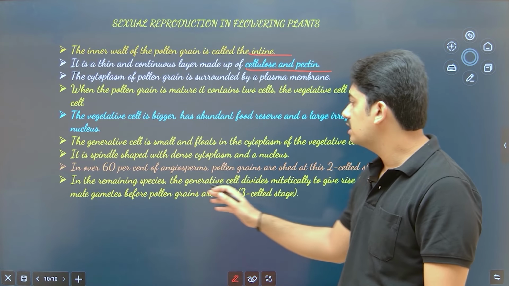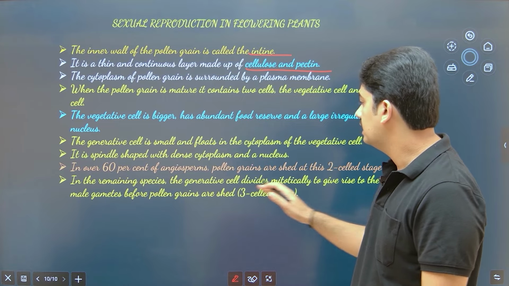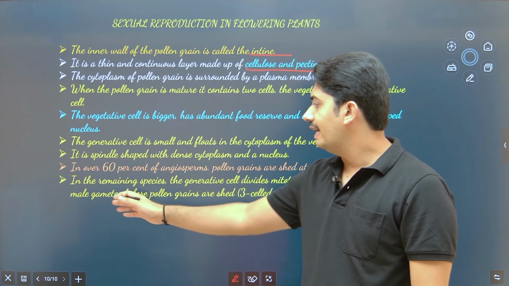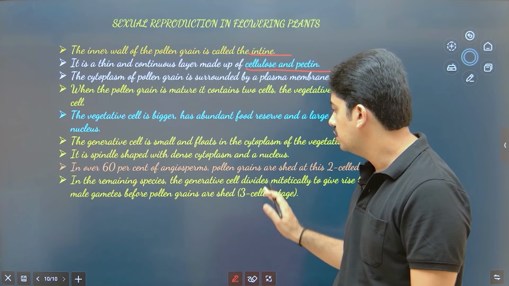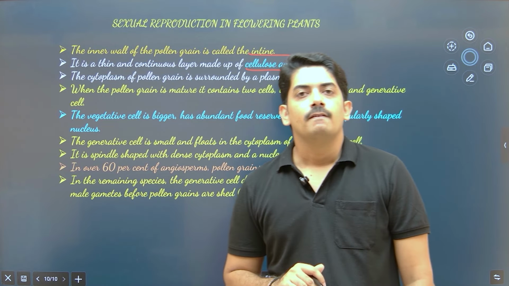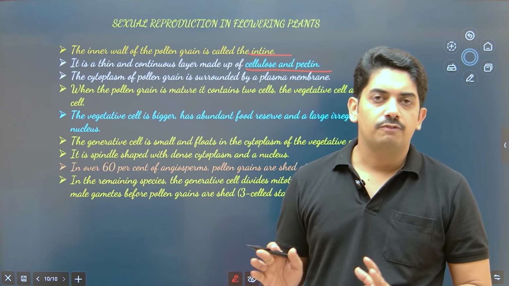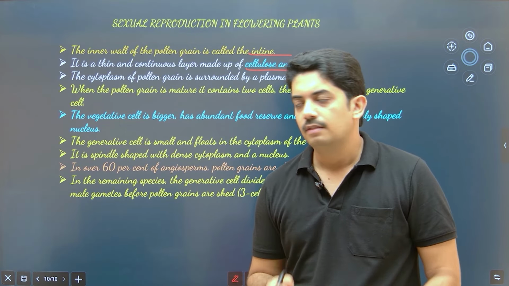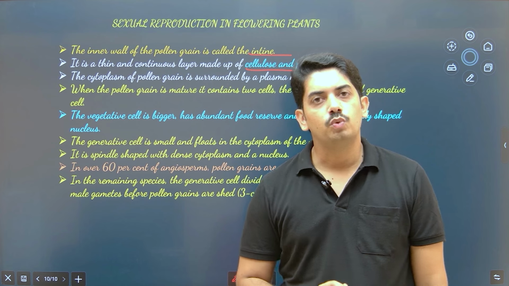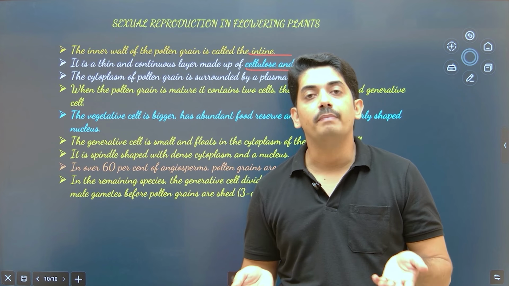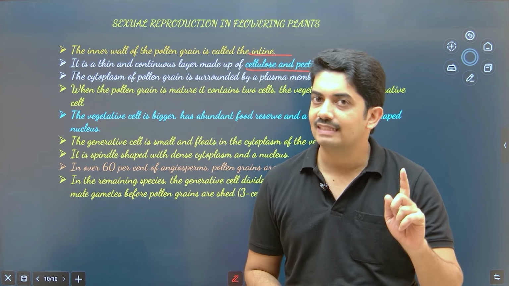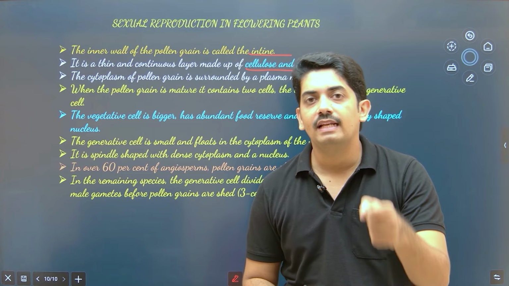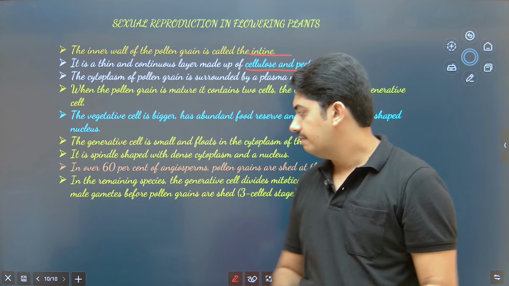So in the remaining species, the generative cell divides mitotically to give rise to the 2 male gametes before the pollen grains are shed from the anther. So pollen grains are the gametophytes and generative cells are the male gametes. That is very important.